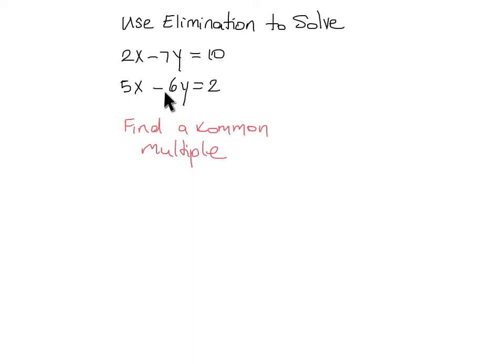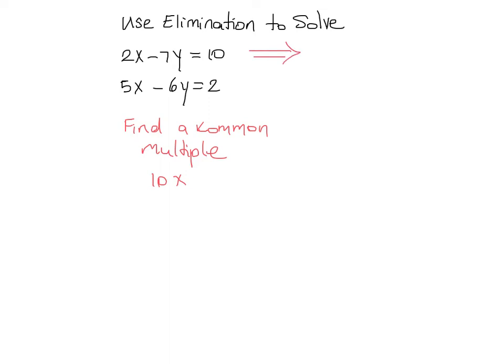If I chose the y's, I would have to work with a larger common multiple, and I want something nice and reasonably small. My common multiple for the x's is 10x. So ultimately we're going to try to get both of these equations to have a 10x that we can eliminate. Alright, so let's do it.